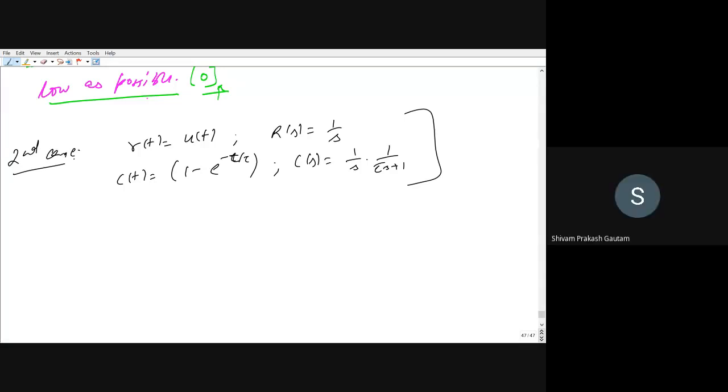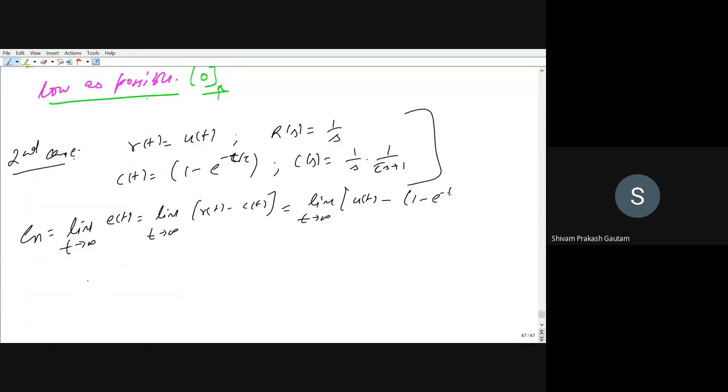Okay. So first we will calculate in the time domain, that is, the limit t tends to infinity of e(t). That is the error. So limit t tends to infinity of r(t) minus c(t). What is r(t)? r(t) is simply u(t), minus c(t), which is 1 minus e to the power minus t by tau. Right?